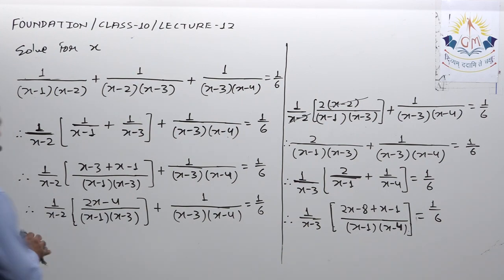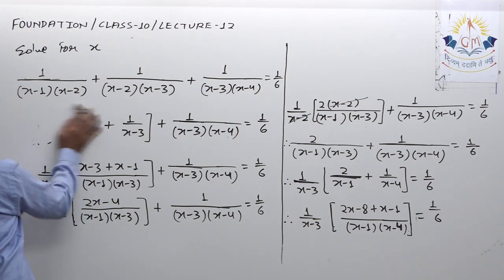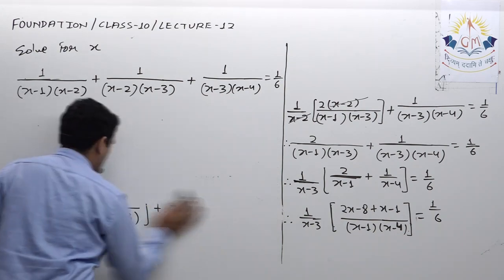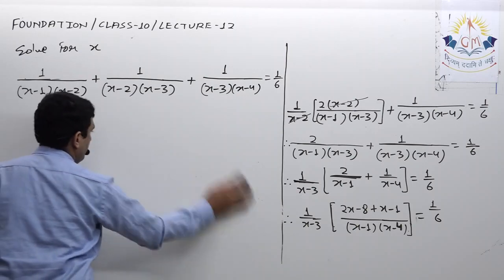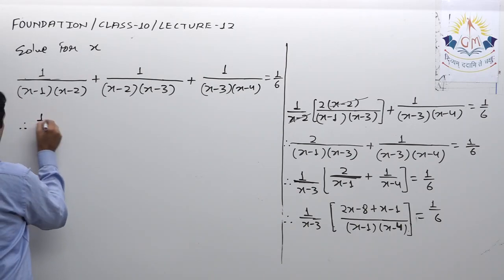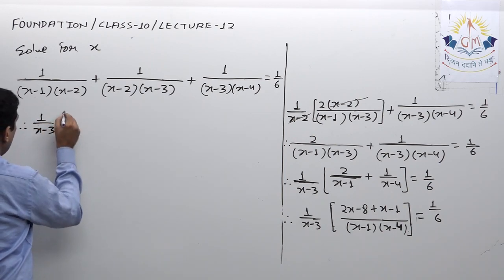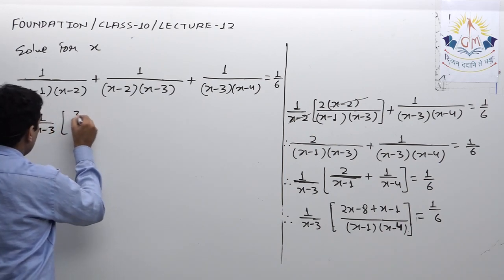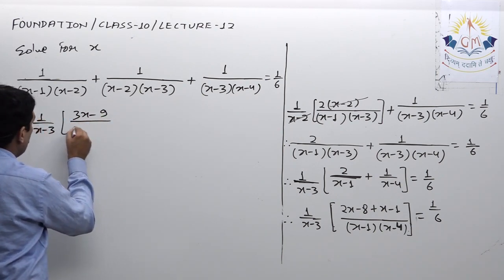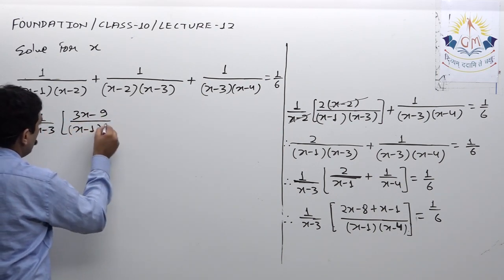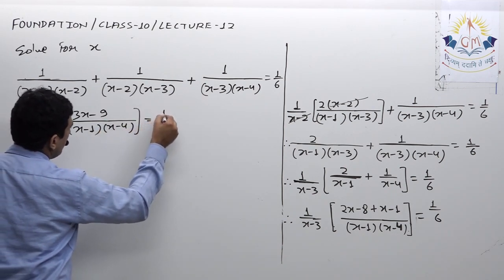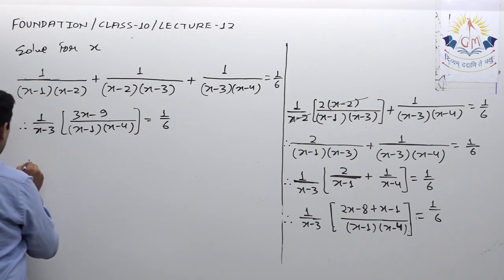So here I'll solve over here. Therefore 1 upon x minus 3, over here it is 3x minus 9 upon x minus 1 into x minus 4 is equal to 1 upon 6.